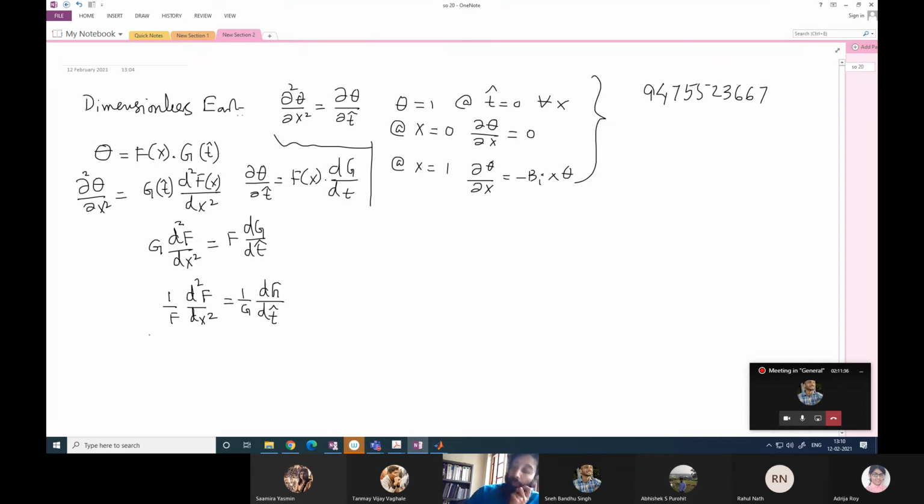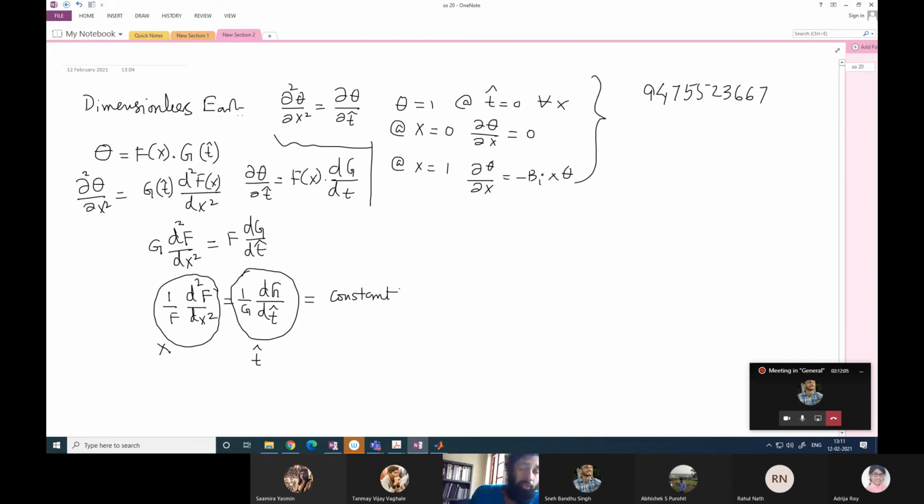Till this point you are clear, no? Yes. Okay. So now see, this left hand side is a function of only x. Right hand side is a function of only t hat. A function of x cannot be equal to a function of t hat unless both are constant. So this has to be a constant.